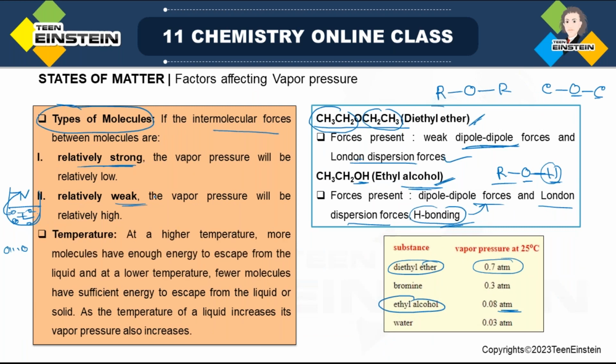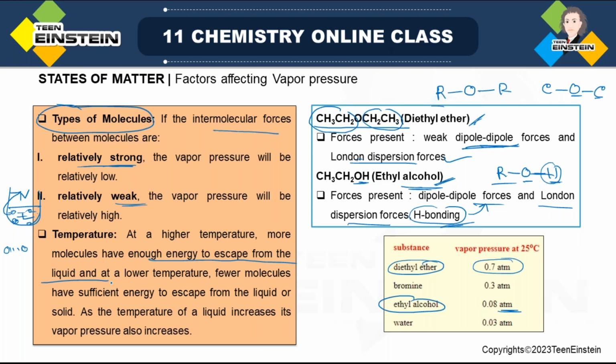At high temperature, more molecules have enough energy to escape the liquid surface and move to the gaseous state, compared to lower temperature. Suppose you have taken ethyl alcohol. Don't take two substances, because then you have changed the substance.